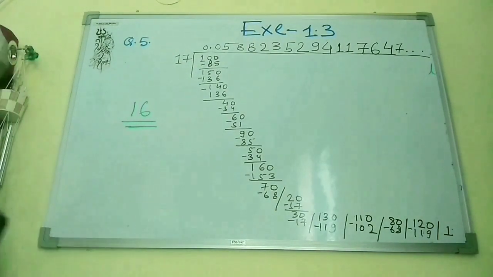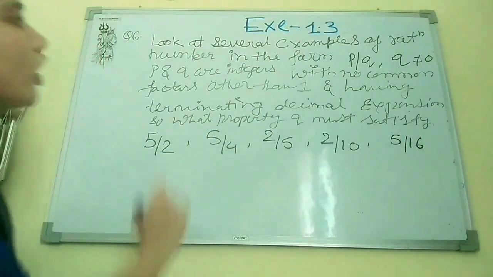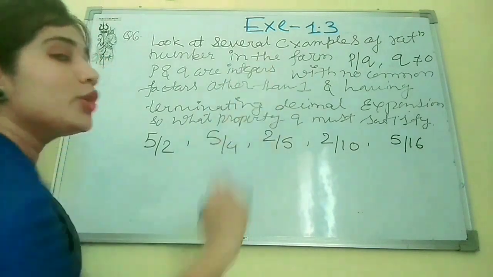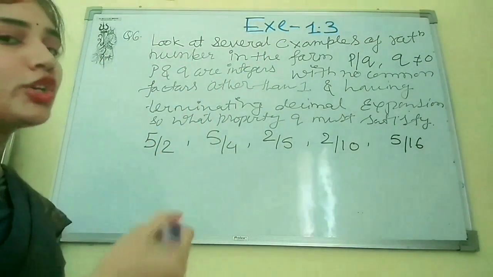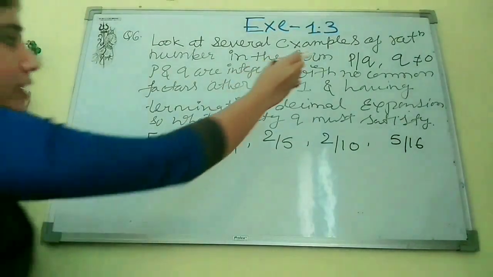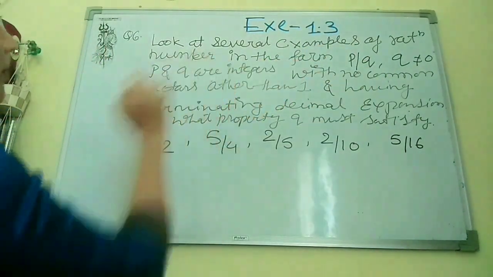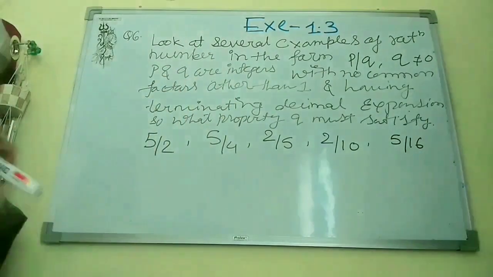Now the next question. In that, look at several examples. These are examples of rational numbers in the form p by q, where q is not equal to 0. Obviously, if it is a rational number, q should not be 0, and it is in the form p by q, integers with no common factor other than 1.